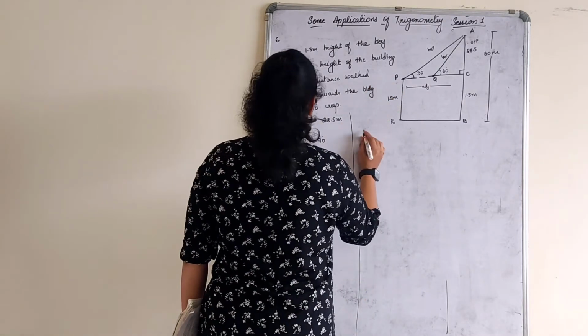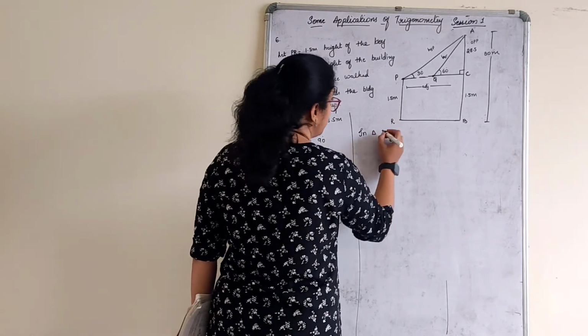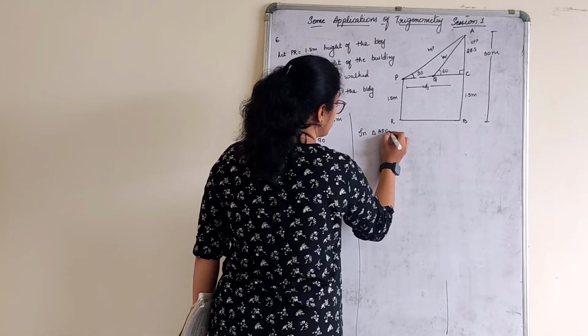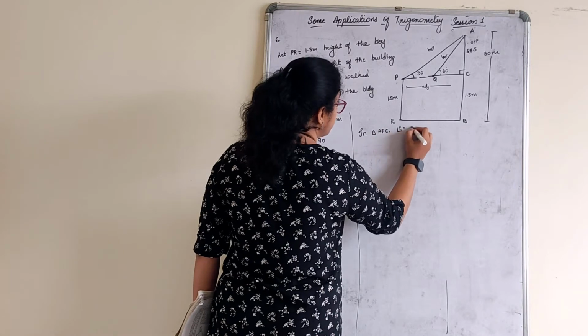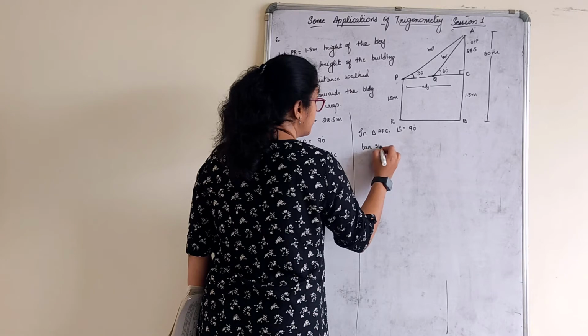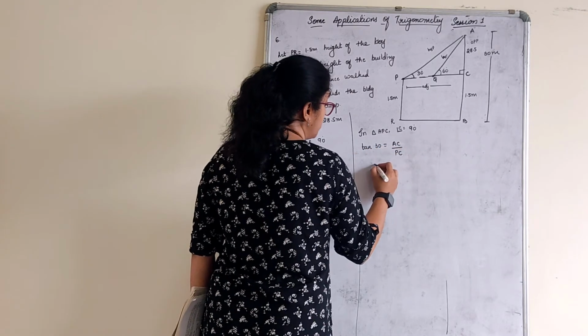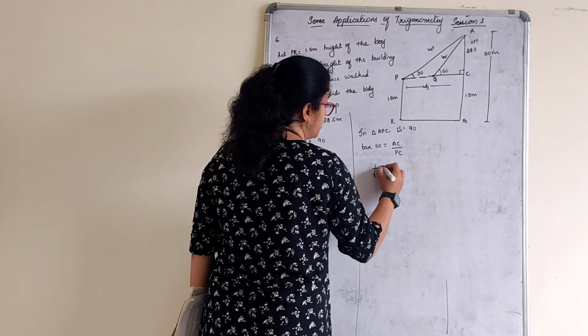Next we will take which triangle? Tan 30 I want to know. In triangle APC, angle C is equal to 90 degrees. Tan 30 is equal to AC upon PC. Tan 30 is 1 by root 3.